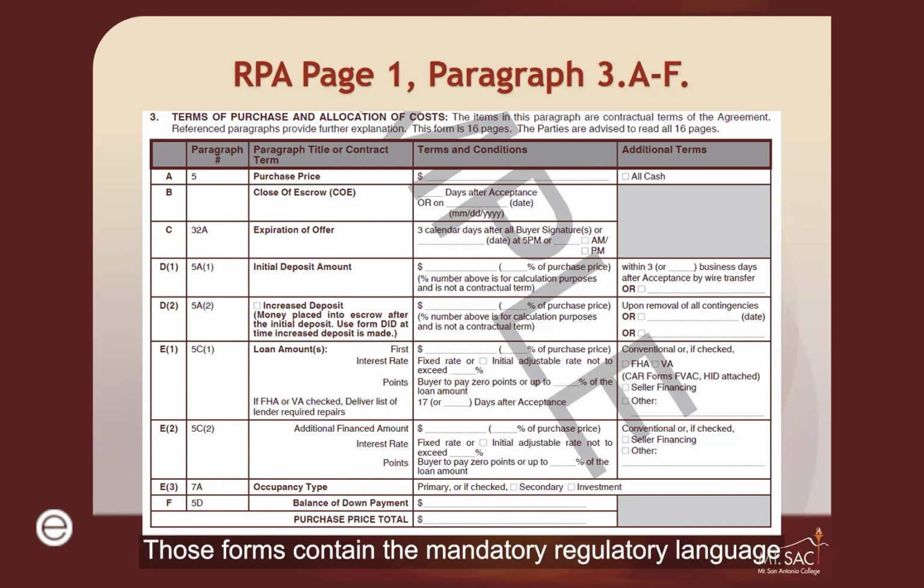Those forms contain the mandatory regulatory language required by the federal government when you're dealing with an FHA or VA loan. Also, they address that the deposit cannot be used as liquidated damages or non-refundable if the appraisal has not come in at the purchase price. Okay, there's nothing you can do to change that.